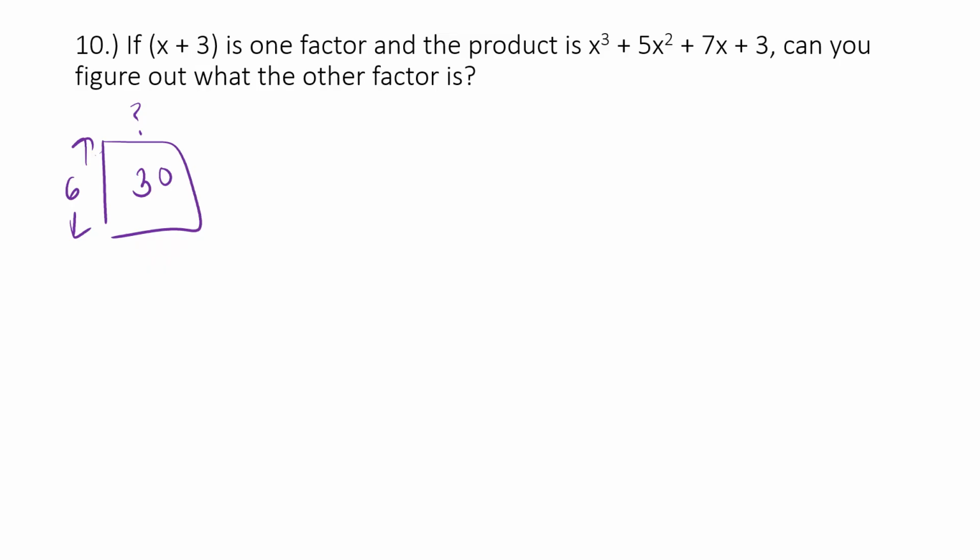Well, you would ask yourself, 6 times what gives me 30? Or you would do 30 divided by 6 and you would get it that way. Now, 6 times what gives me 30? That you can probably do in your head. But what if those things were, I don't know, a whole slew of polynomials instead? Now what would you do?